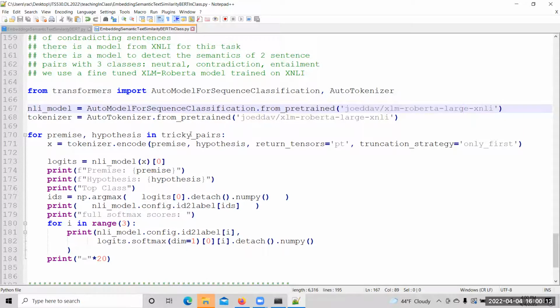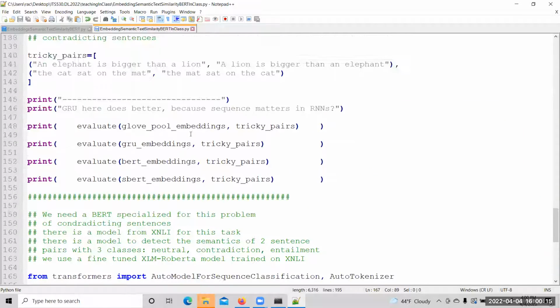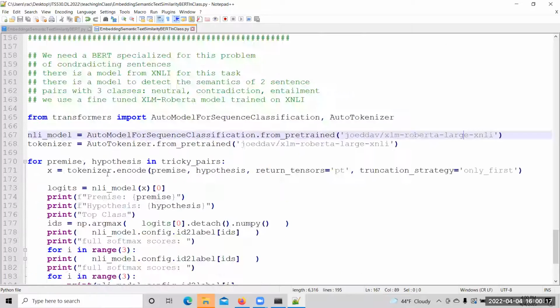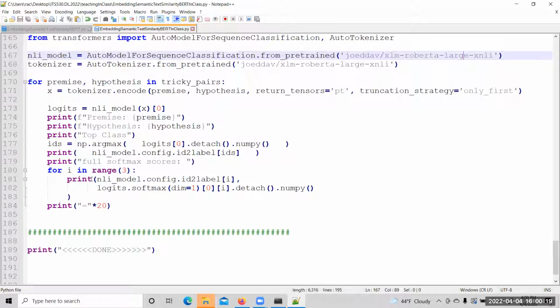So tricky pairs was the text, right? We have it here. From premise, hypothesis, and tricky pairs, we get the two sentences. We're going to use tokenizer.encode, which allows us to encode both at the same time. So we have premise and hypothesis.